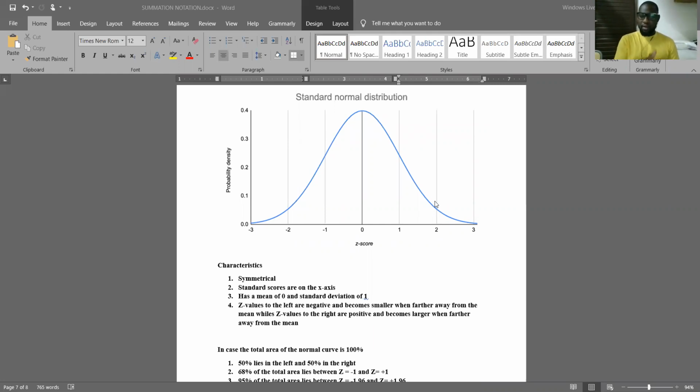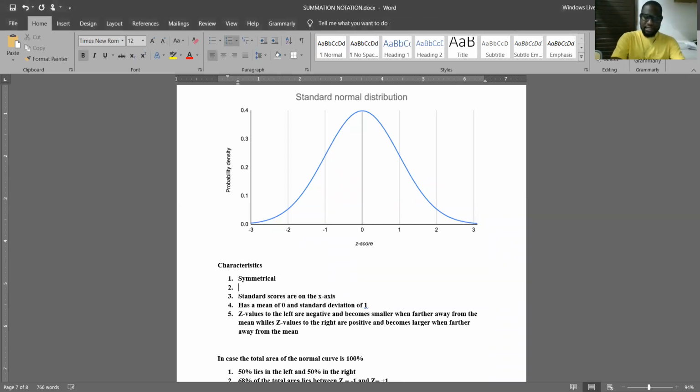In our previous video, I gave you a brief introduction to some features of the normal curve distribution. One thing about it is that it is bell-shaped. When it is said to be bell-shaped, you could see that it has more or less a hunchback.